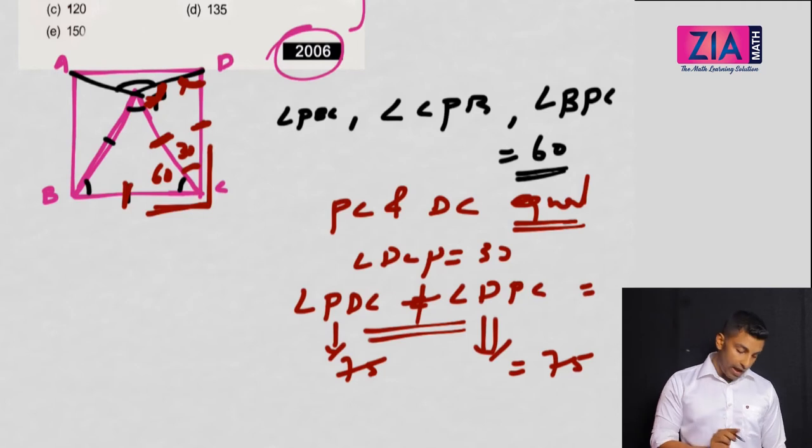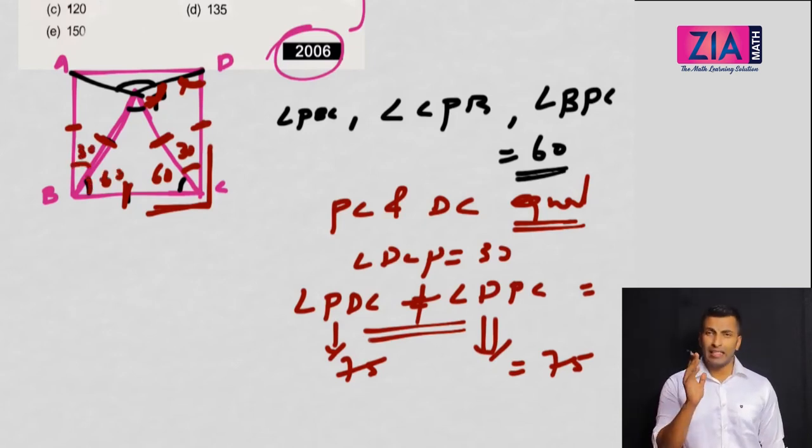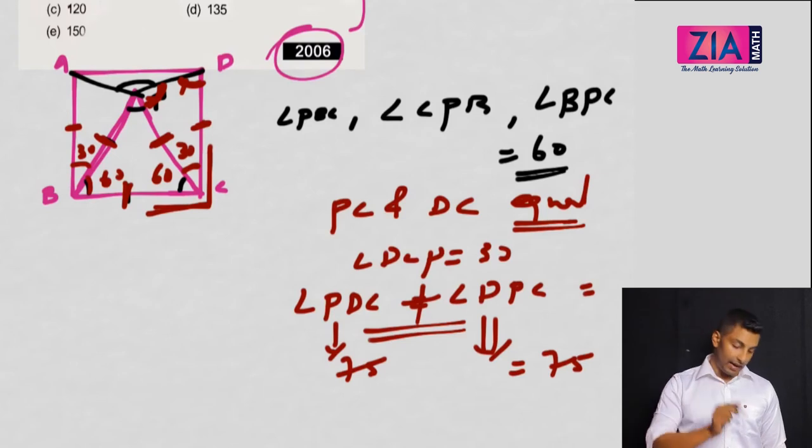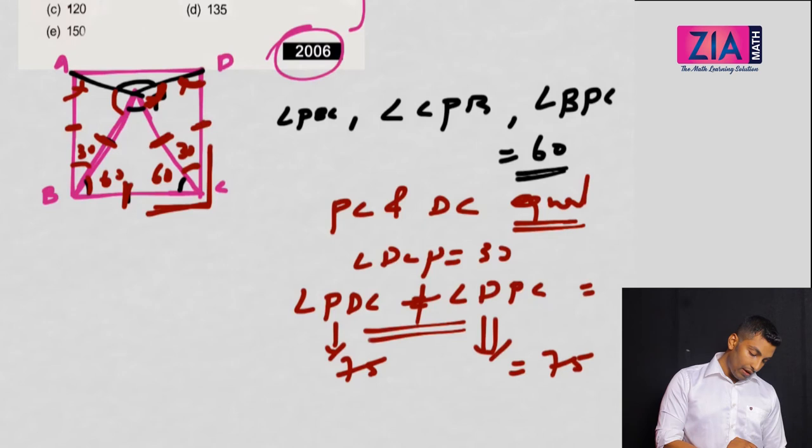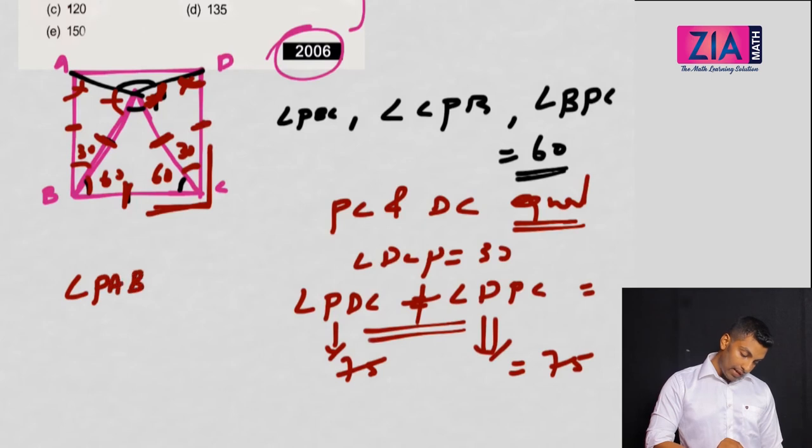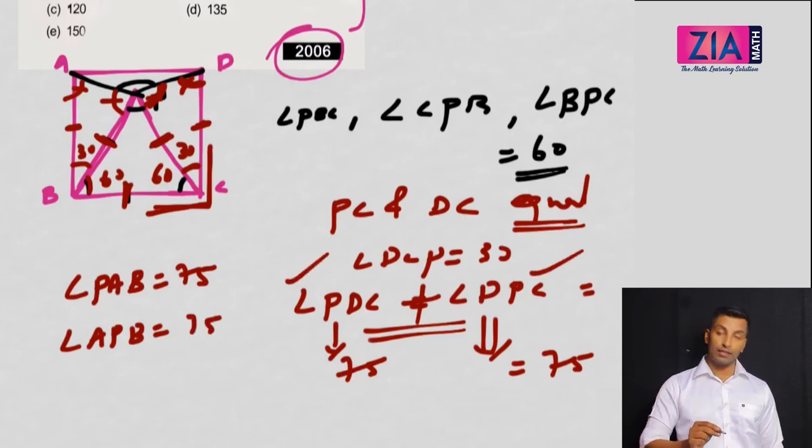In the same way, this side PB and AB are equal, and we know this is 60. So we will get this as 30. And the same method, there is no point in writing it again. We get this as 75 and we get this as 75. So this is 75, this is 75, this is 75, this is 75. So angle PAB is equal to 75. Angle APB is also equal to 75.